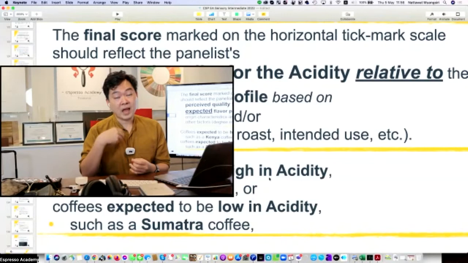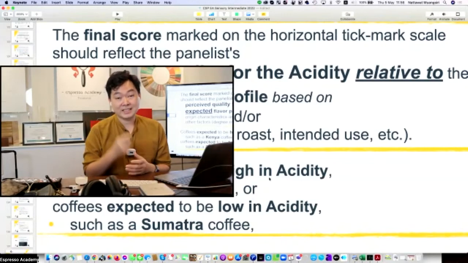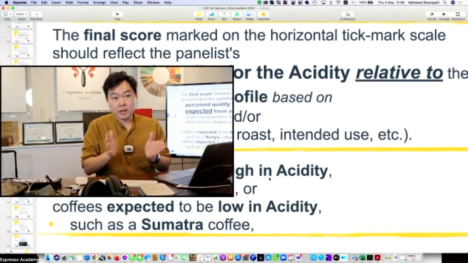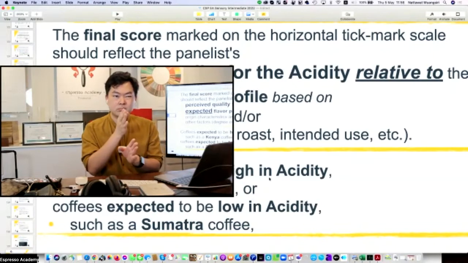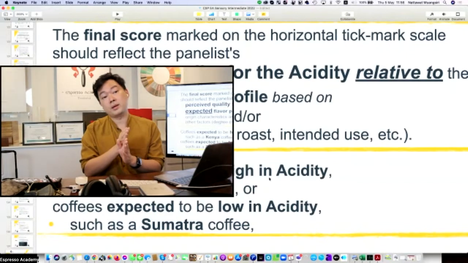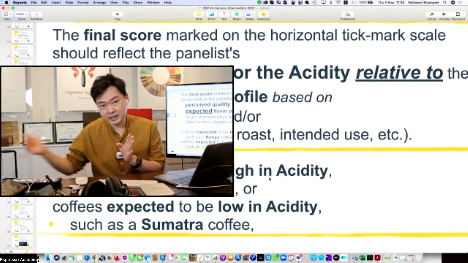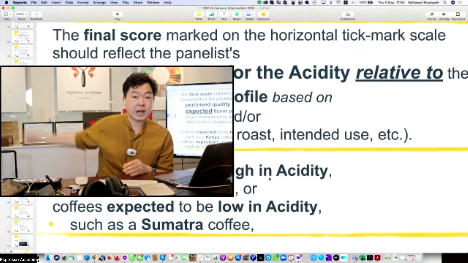I will look for liveliness, fruitiness, berryness and sweetness. If it's not there, yes, it will be 7.25 and below. If it's just right, it will be 7.25. If it's like, wow, berries, complexity, what is this? It would be 8, 8.5, or 9.